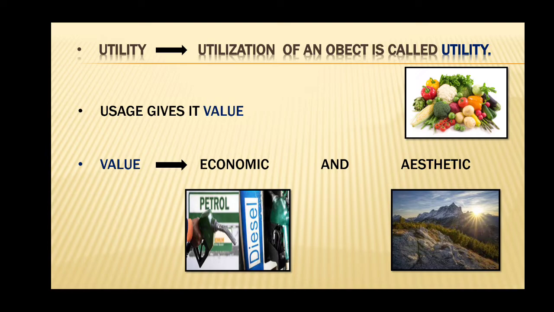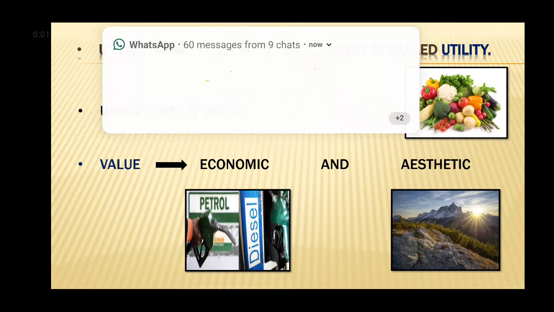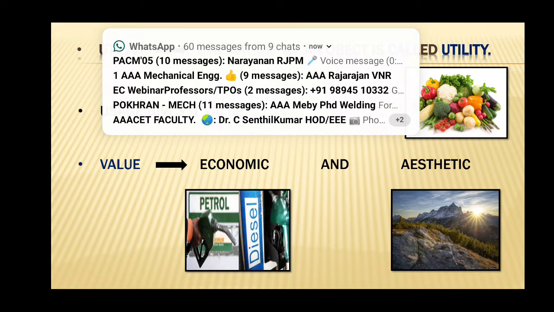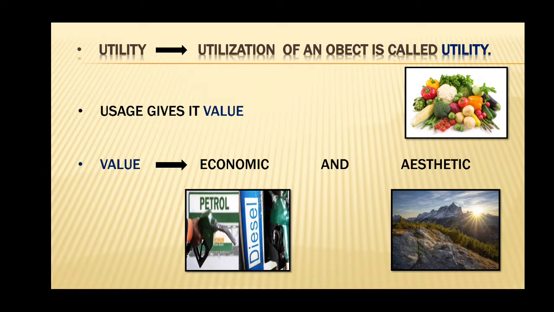Mother preparing medicines at home is not going to cost much, it is not going to cost at all. But when you go to a medical shop and get a medicine for some amount of money, it is an economic value. So a resource may have an economic value and aesthetic value depending upon its characteristics.